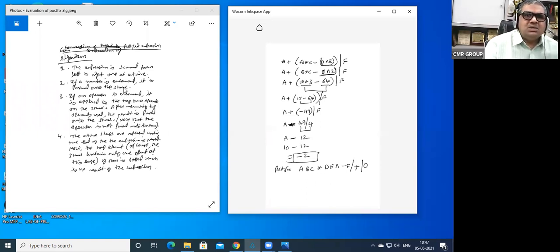If a number is encountered, a number means an operand, it is pushed into the stack. So first A would be pushed, then B, then C. But if an operator is encountered, like star, what are we going to do?